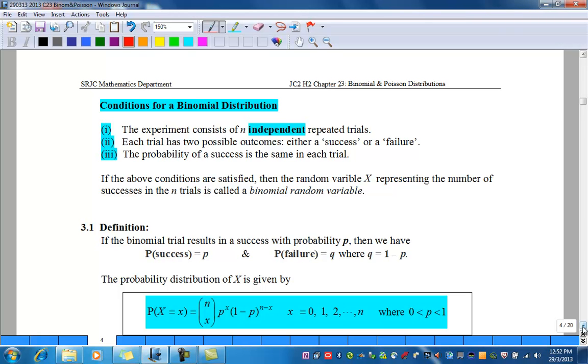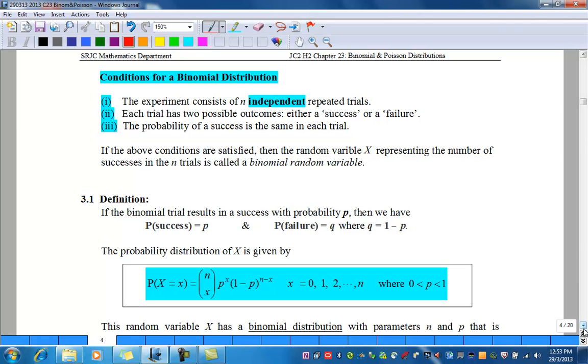Definition. If the binomial trial results in a success with probability p, then the probability of success is p and the probability of failure is q, where q equals 1 minus p.